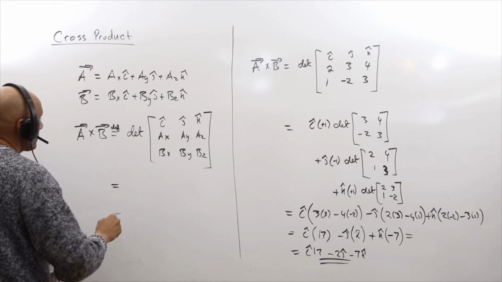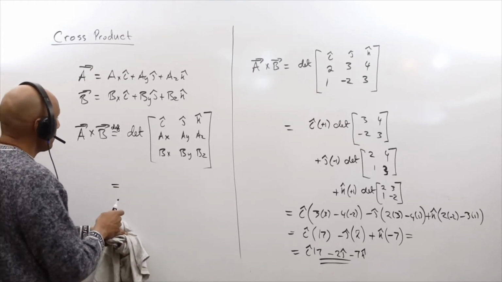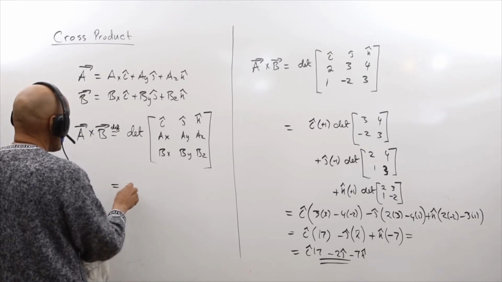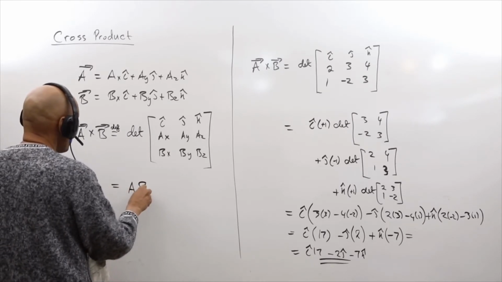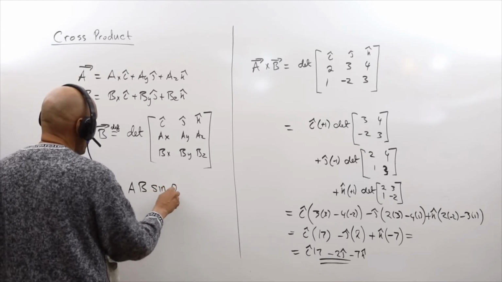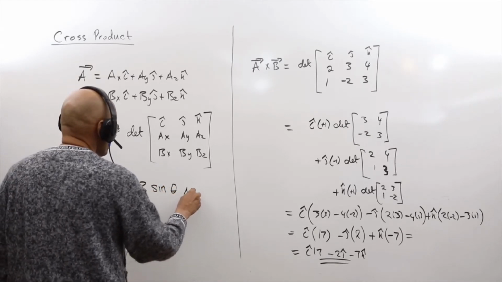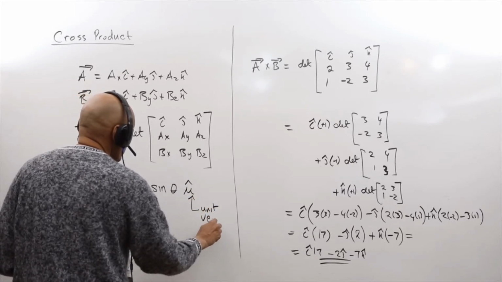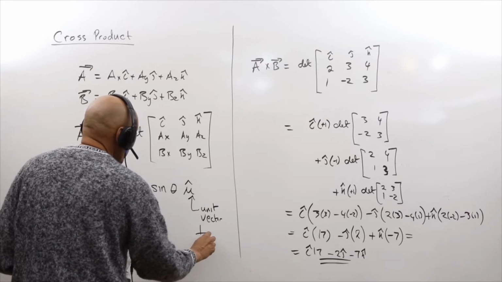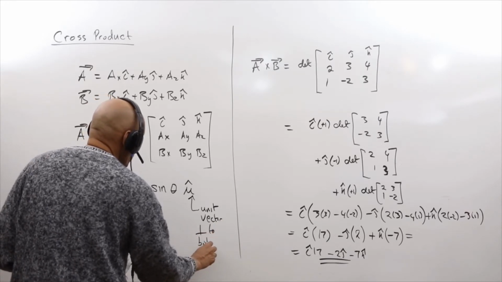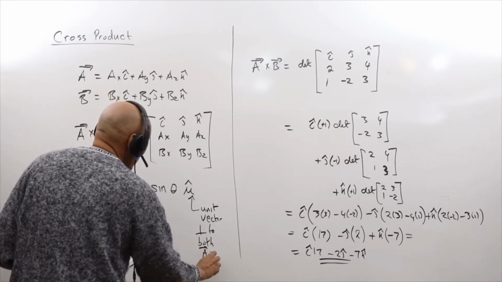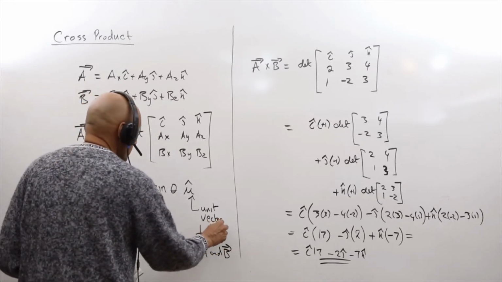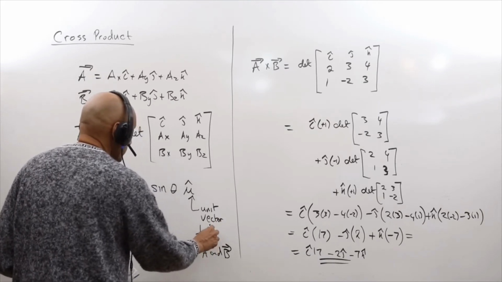But we can actually prove that A cross B is exactly the same thing as taking the magnitude of A times the magnitude of B times the sine of the angle between them times a u vector, and this is a unit vector perpendicular to both A and B. So my handwriting is terrible and I'm scribbling a lot.